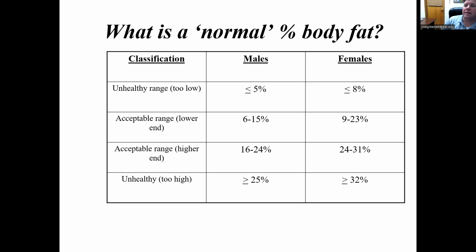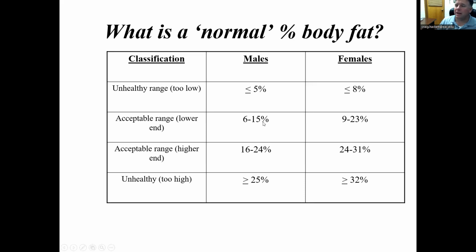So understand that. Unhealthy range too low is less than 5% for males and less than 8% for females. Unhealthy high is greater than 25% for males and greater than 32% for females. Anything between 6 and 24 for men and 9 and 31 for women is just fine, because we're talking about inaccuracies up to 3 to 4%. If you're at 10% and you're a male, you're doing fine.